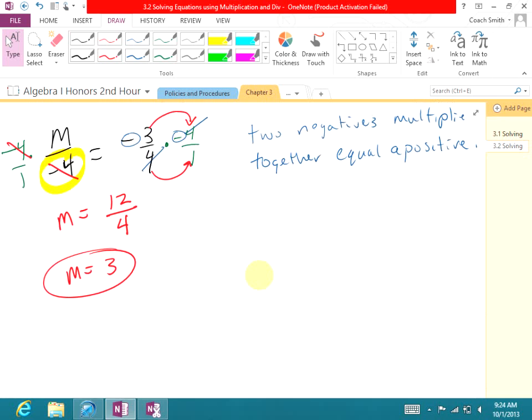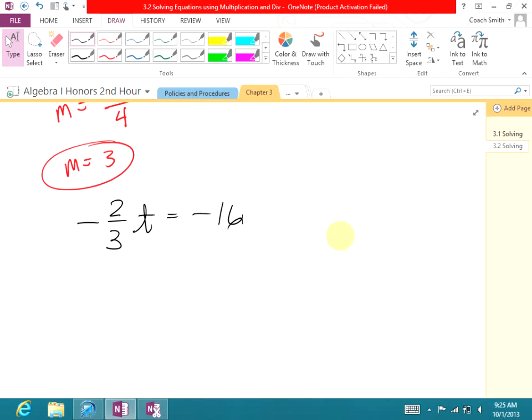All right. So, moves to the last thing we've got to talk about, last type of problem. Last type of problem we got to worry about is this. Negative 2 over 3 t is equal to negative 16. Okay? Now, what we have here is a fraction in front of our variable.